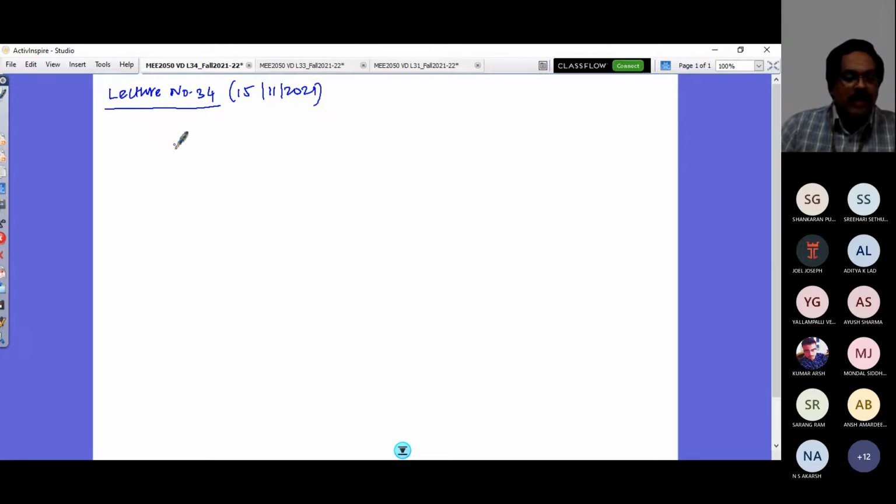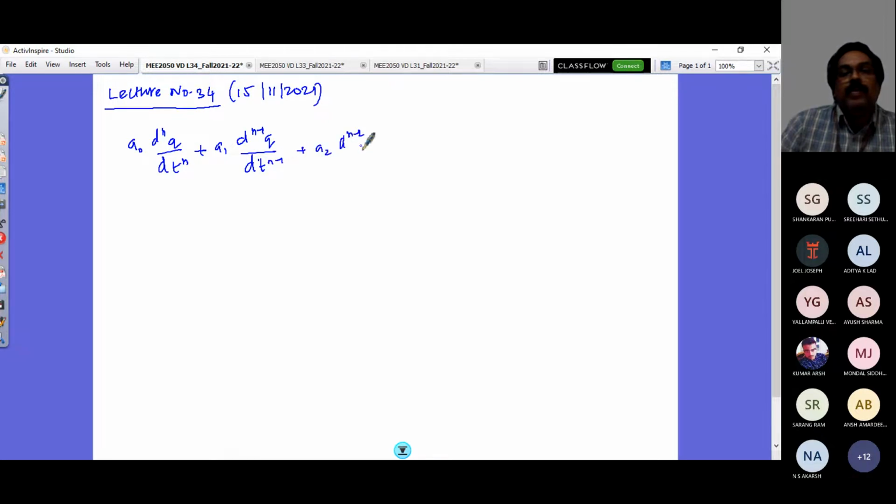An nth order equation to represent an nth order ordinary differential equation: A0 d^n q/dt^n plus A1 d^(n-1) q/dt^(n-1) plus A2 d^(n-2) q/dt^(n-2) and so on plus An q equals 0.